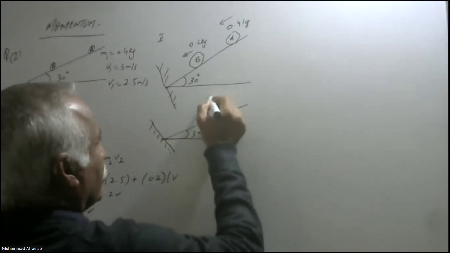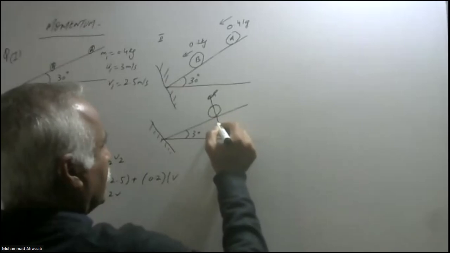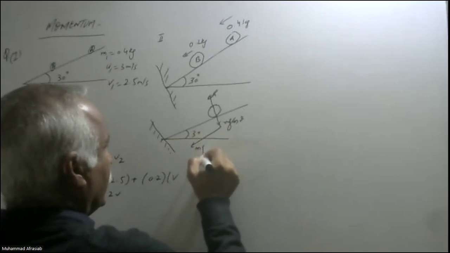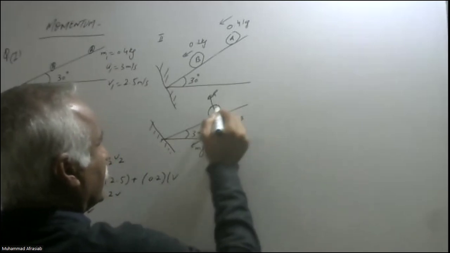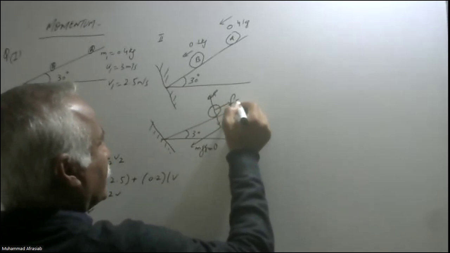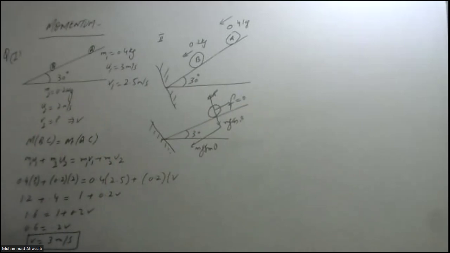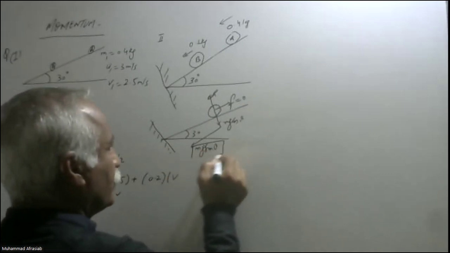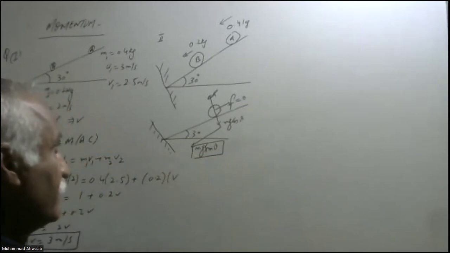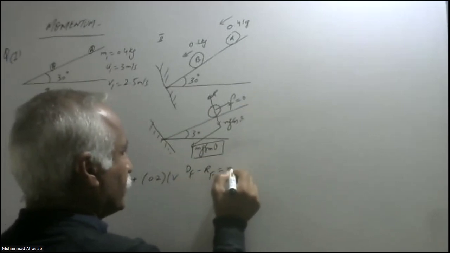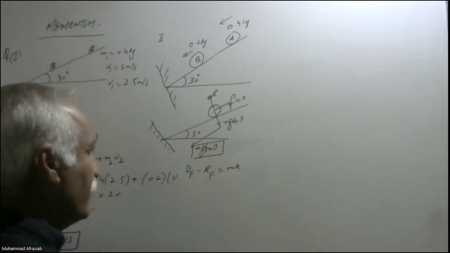These are the components. This is R, this one is mg cos theta, and this one is mg sin theta. Because it is a smooth surface, friction is equal to 0. There is no extra force acting on the particle, so only mg sin theta is used for its acceleration. Driving force minus resistive force is equal to net force ma.